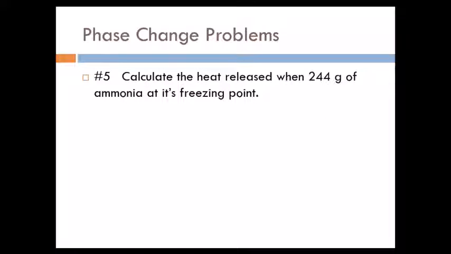Now this one's very similar, same deal, except for a different substance. We have ammonia, remember NH3, at its freezing point. So really, you're doing heat of fusion, but it's going the opposite direction. Instead, we're releasing. You can say the word released, or you can use the negative sign to dictate which direction the heat is going. If it's absorbing, it's positive.